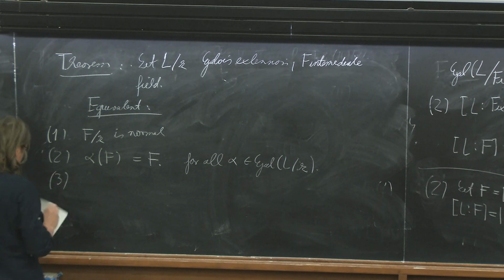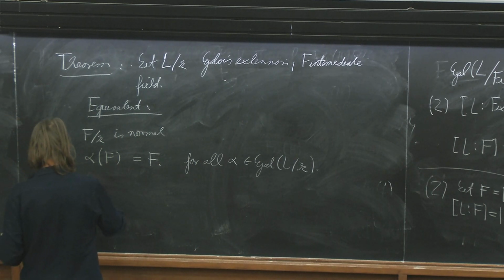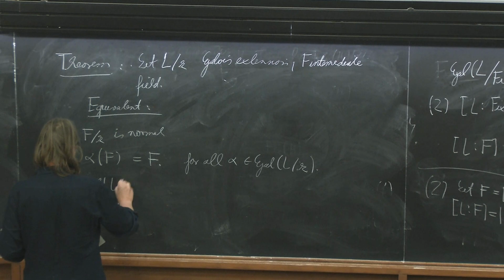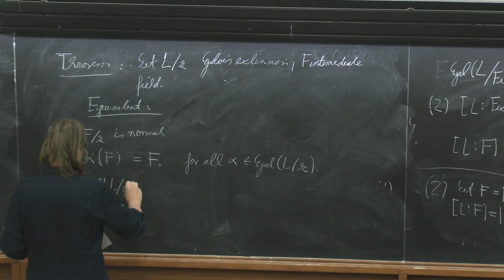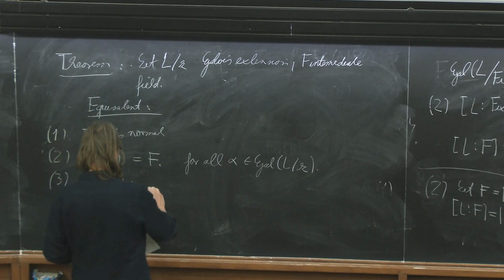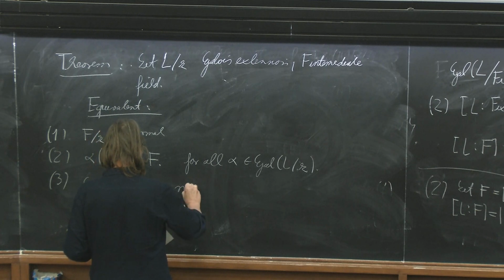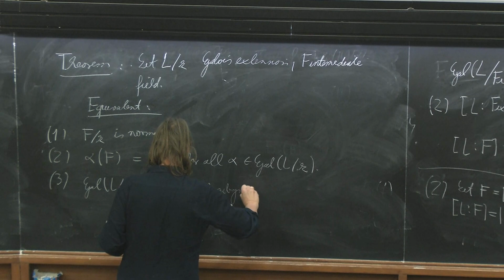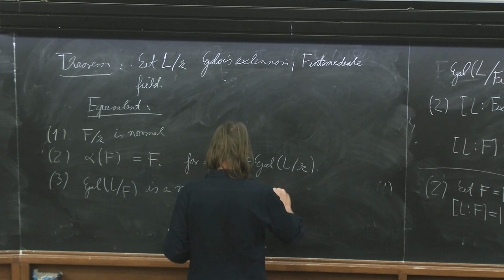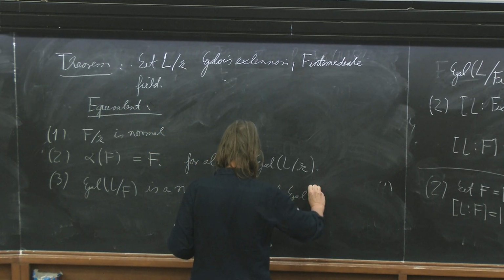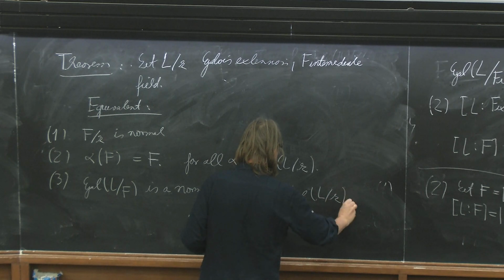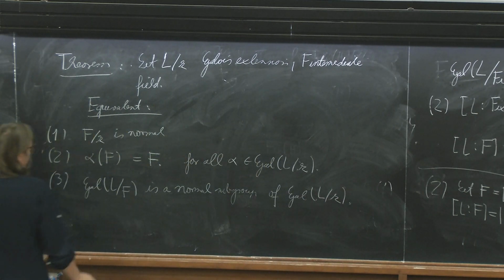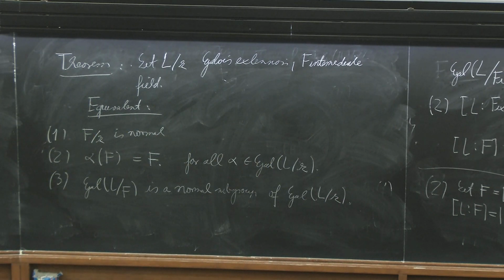And the third one is that the Galois group of L over F is a normal subgroup of the Galois group of L over K. Okay, so let's try to prove it.